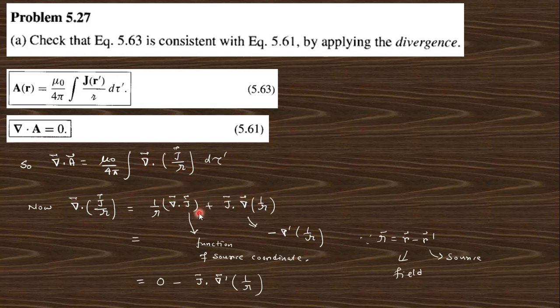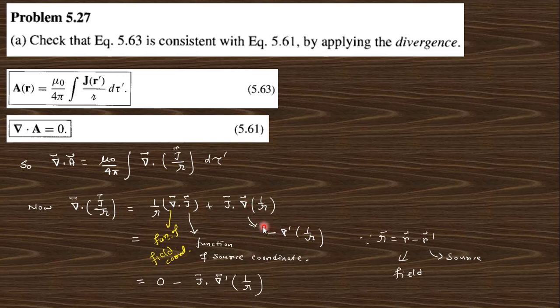Since J is a function of the source coordinate and this is a function of the field coordinate, this will be 0, that's why this divergence equals 0, because this is a field function and this depends only on the source function.